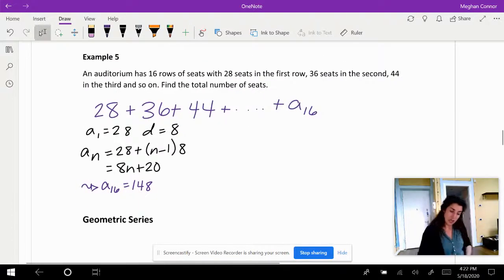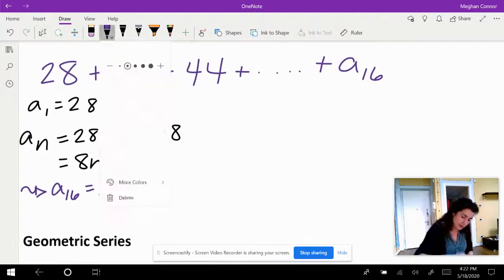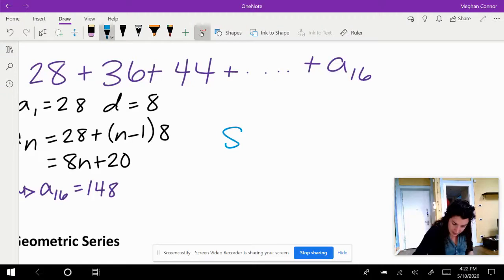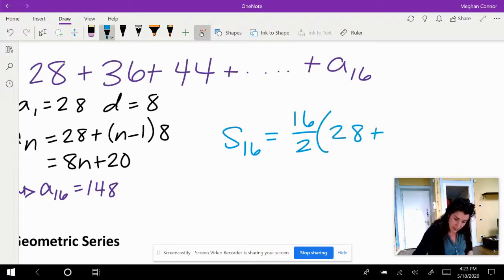So then if I wanted to know what the total number of seats is in this section of the auditorium, I now use my sum of an arithmetic sequence formula. S sub 16 is 16 divided by 2 times a sub 1, which is 28, plus a sub 16, which is 148.